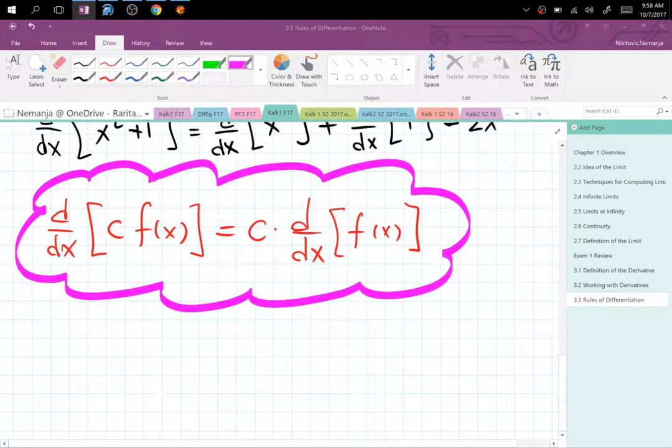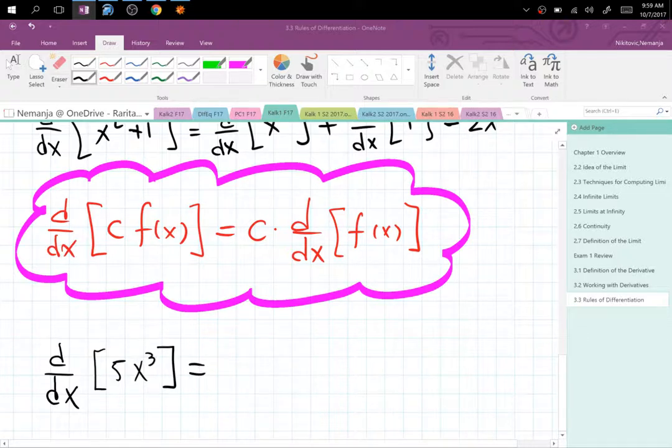Now this will allow us to differentiate 5x cubed. Try differentiating 5x cubed. You know how to deal with x cubed from the previous formula, and now this rule above allows you to deal with 5x cubed. We'll do some spicier examples soon.